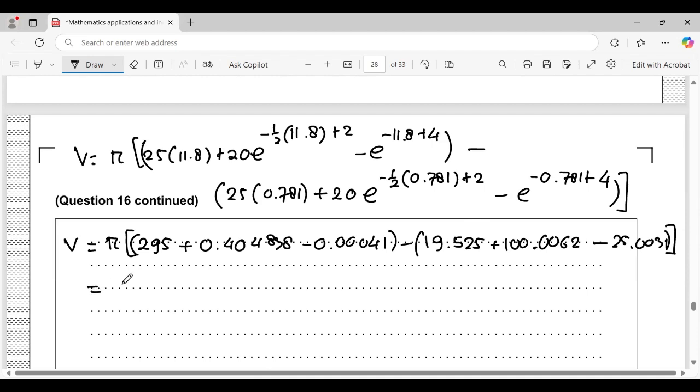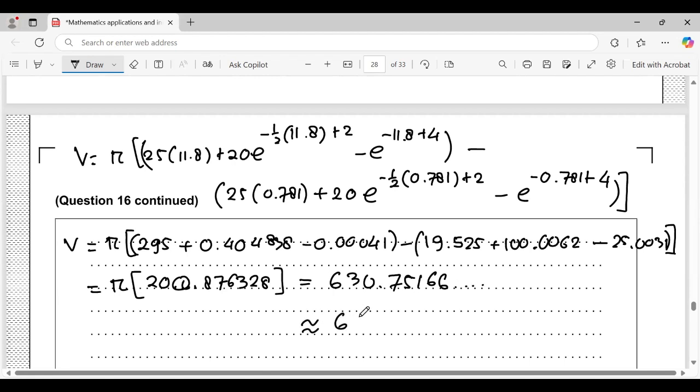If you continue to calculate, it is pi times 200.8768328. And calculate with 3.14 becomes 630.75166. Round off becomes 631. Next question.